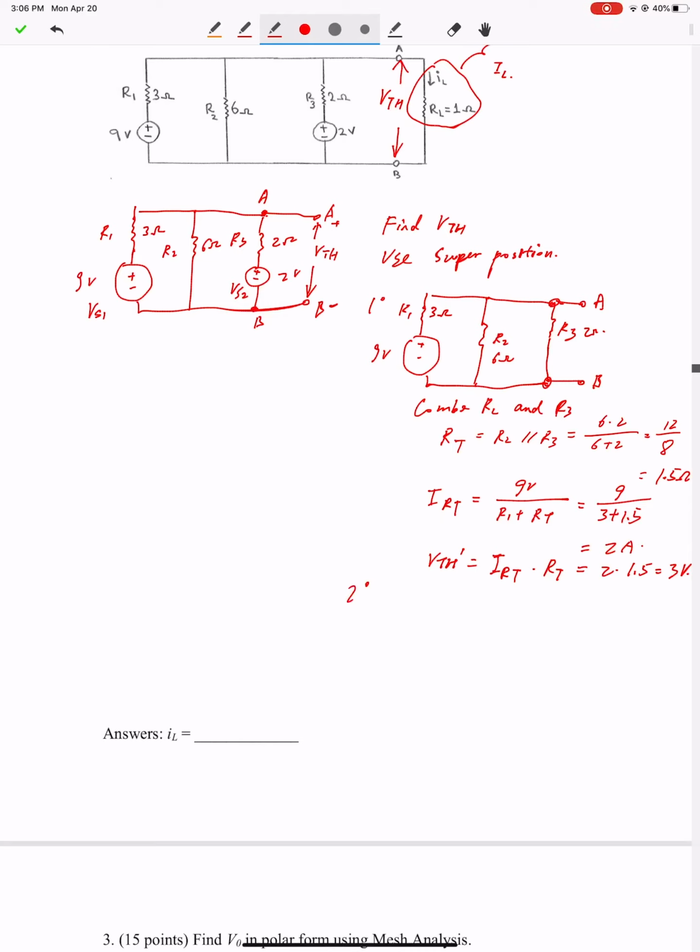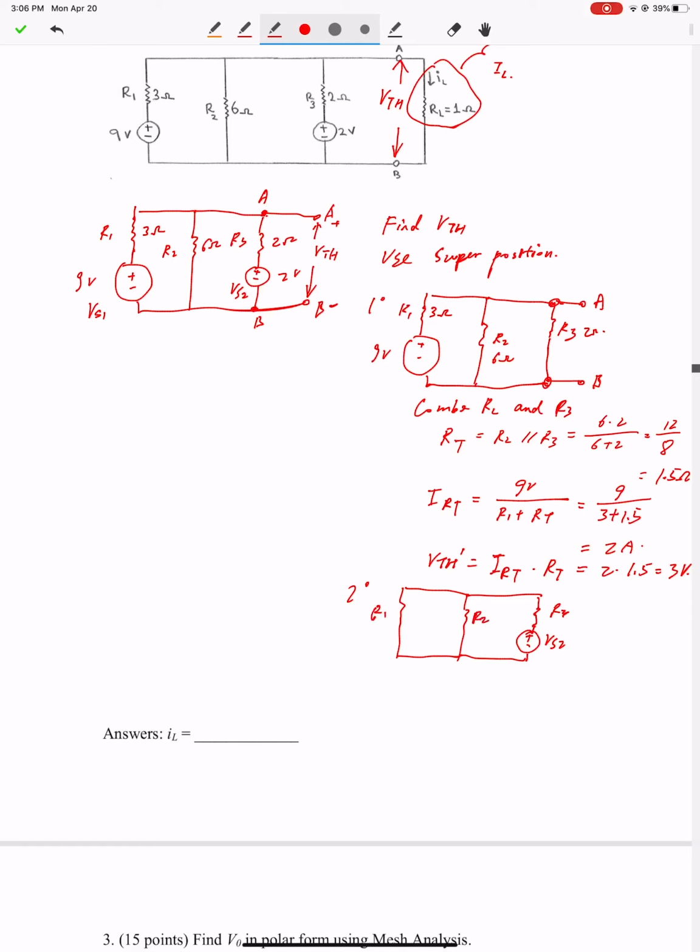And in the second case, we can keep VS2 and remove VS1. Since VS1 is a voltage source, you can replace it with a short circuit, and only VS2 is left.